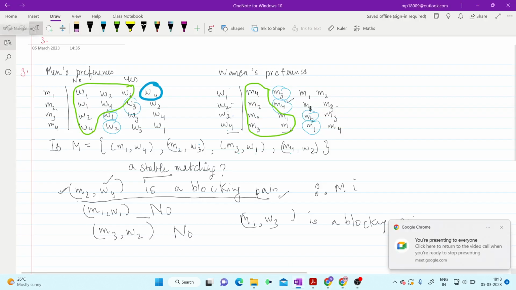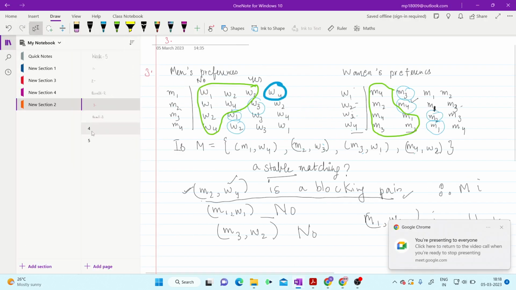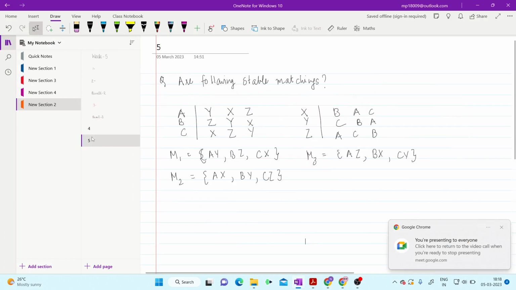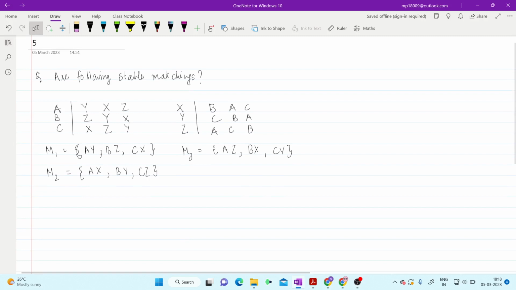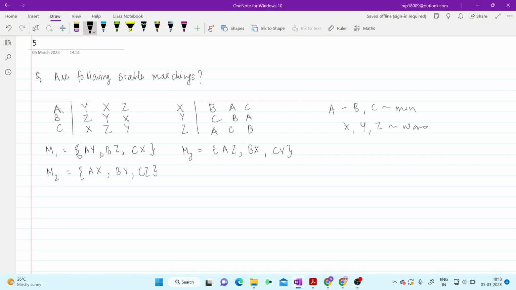Okay. So before moving on to find the stable matching, let's look at one more example. Now we have three men and three women: A, B, C can be referred to as men and X, Y, Z are women, and we want to see whether these are stable matchings or not.